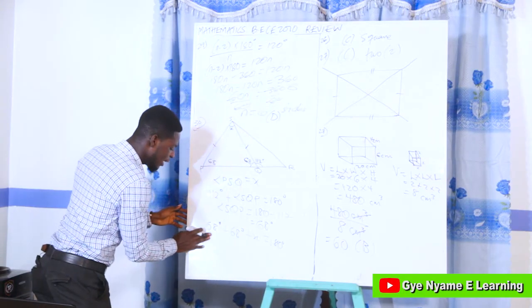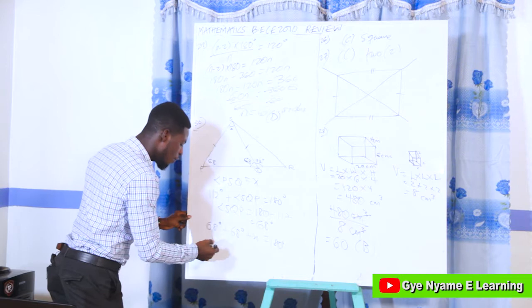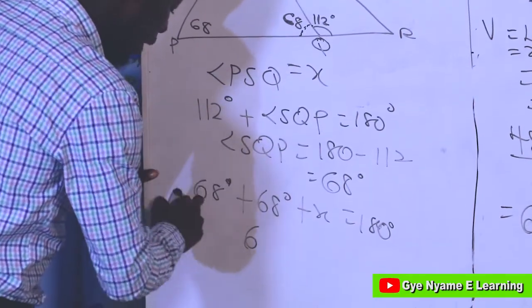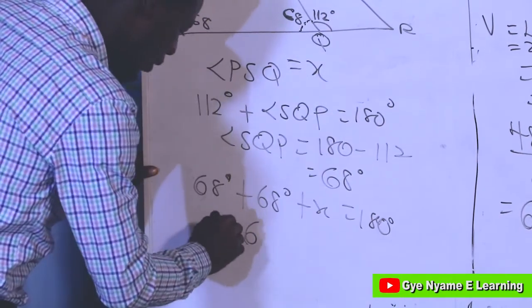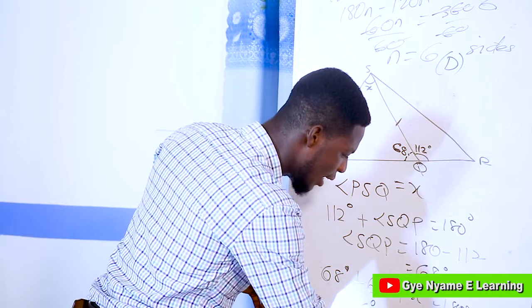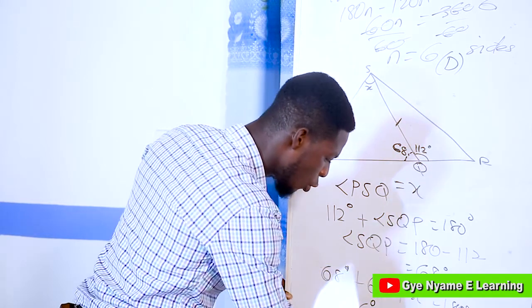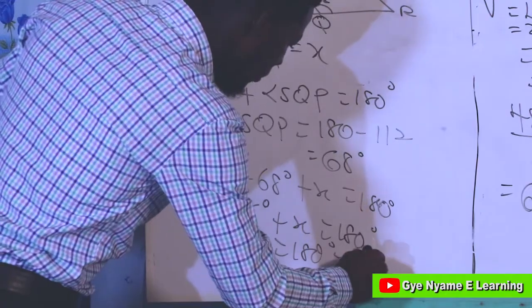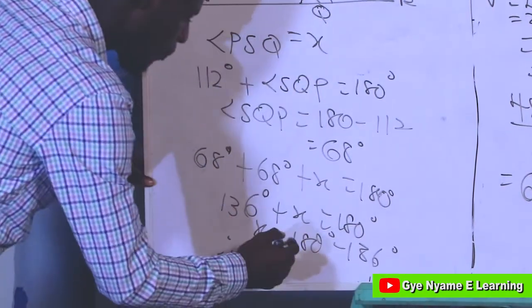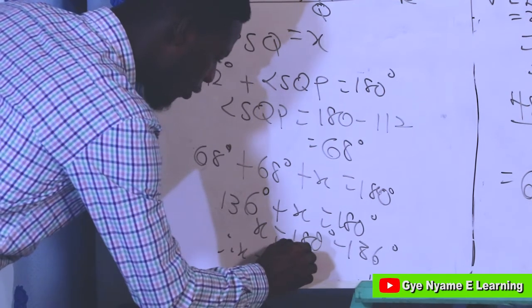Now, 68 plus 68 will give you 136 degrees. So 136 degrees plus X equals 180. X equals 180 minus 136. Therefore, X equals 44 degrees.